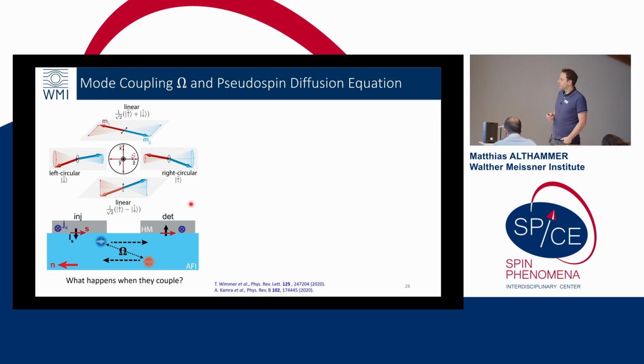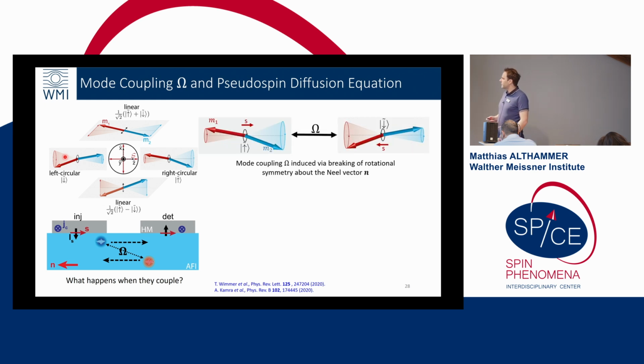Now, the question that we wanted to address is really in this transport structure. We talked about having spin up and spin down magnons. But the question is, if you have a system where these two are coupled to each other, what happens in such a structure?